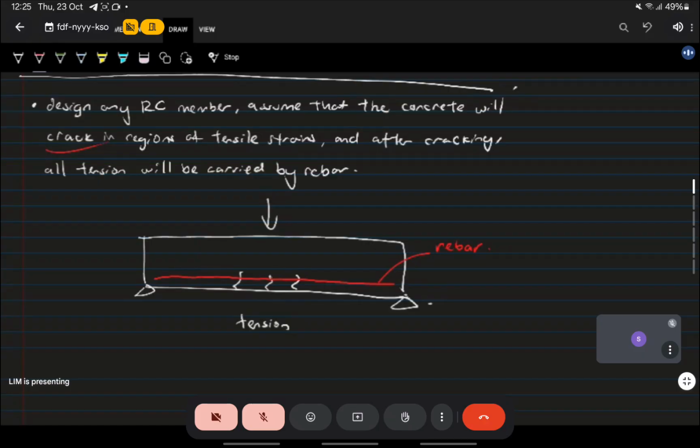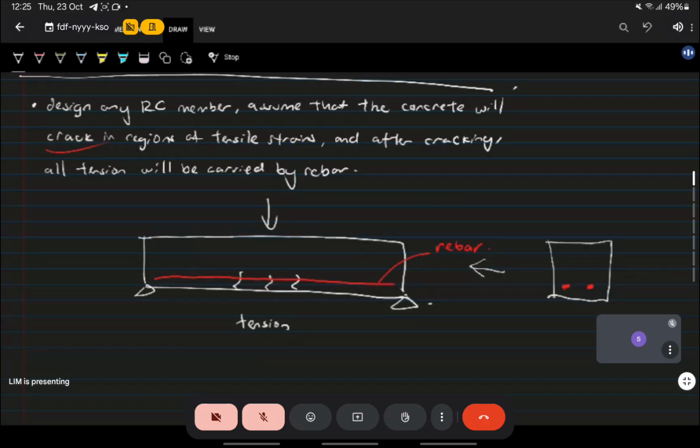So in a way, the way we design a concrete beam is, if I look at the beam from the front, this is the beam. This is the reinforcement. Maybe I only have two reinforcement.